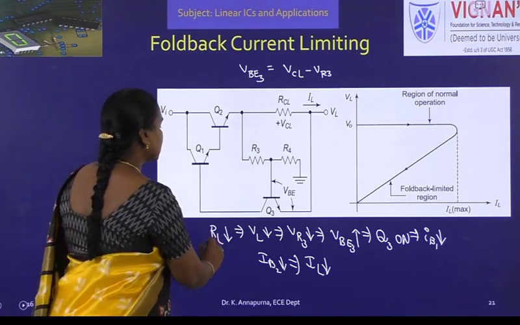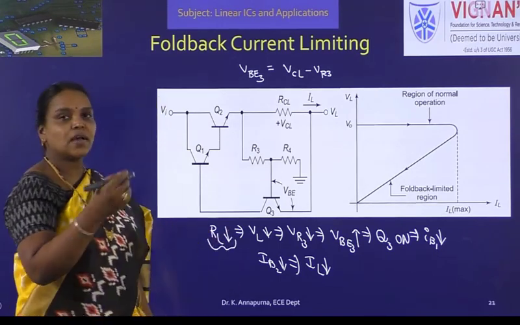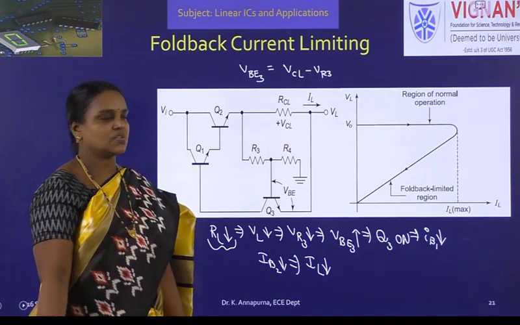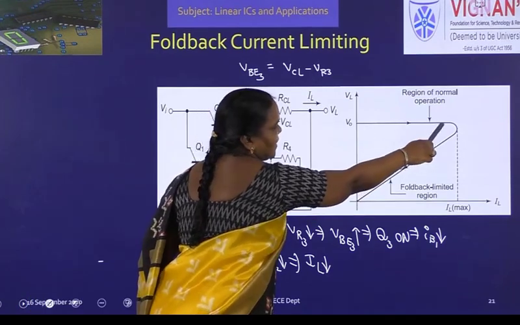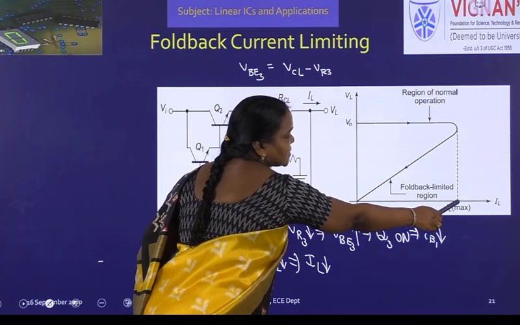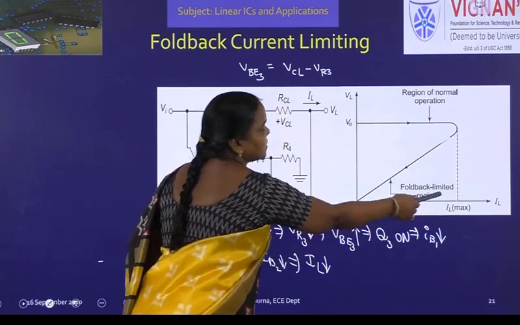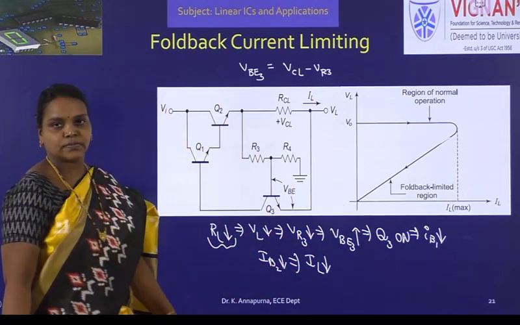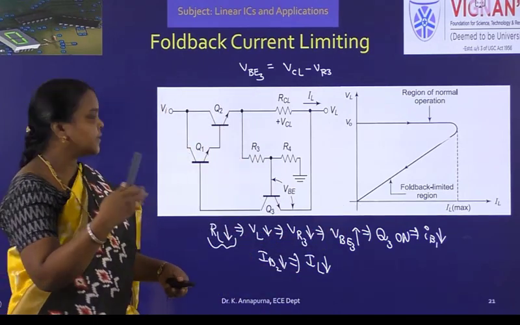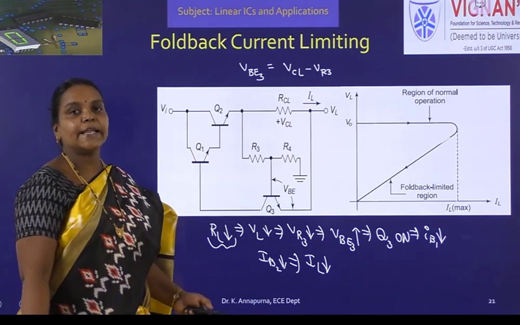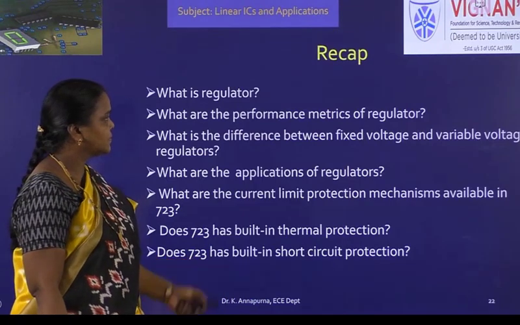In this way it avoids short circuit conditions. First it maintains constant current, but whenever it exceeds this IL, it is folding back. That is, this IL becomes 0, because that process is continuously repeating and finally it becomes 0.